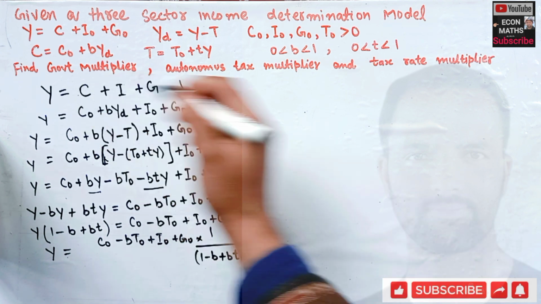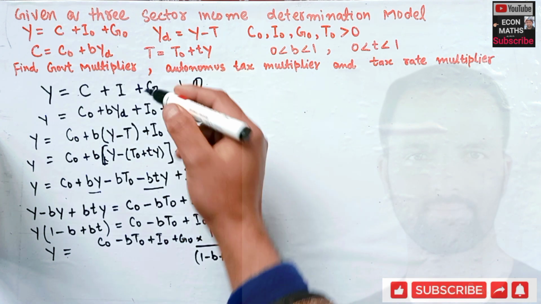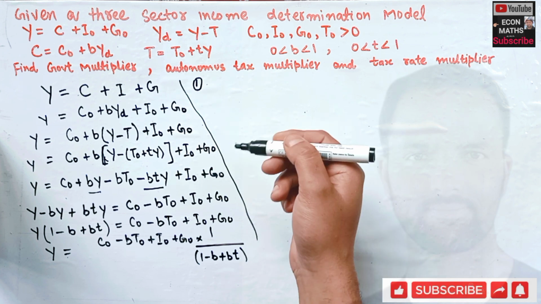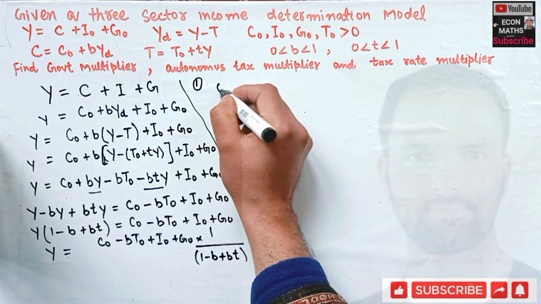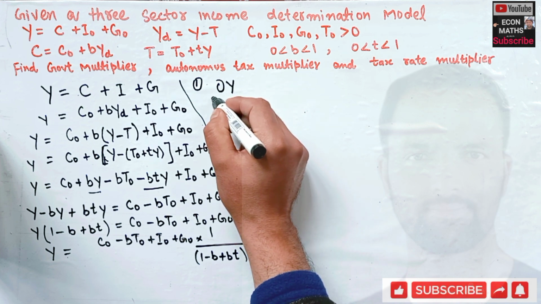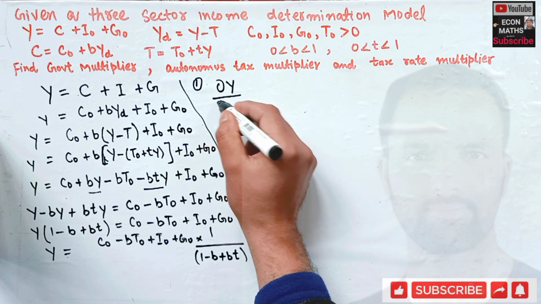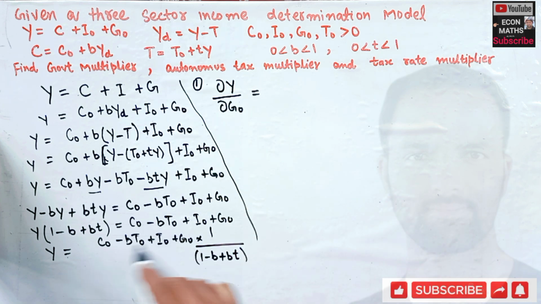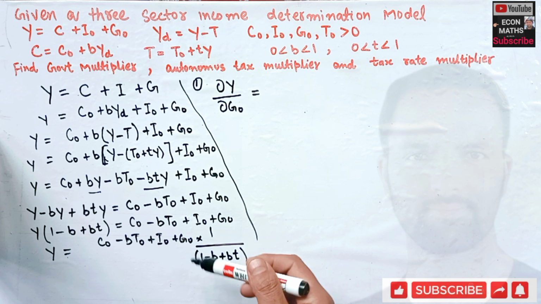So the government expenditure multiplier can be constructed by taking the partial derivative of our equilibrium income with respect to government expenditure, G naught. That means differentiating this equation with respect to G naught.